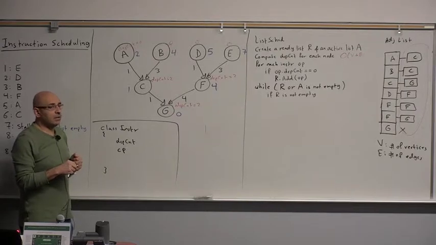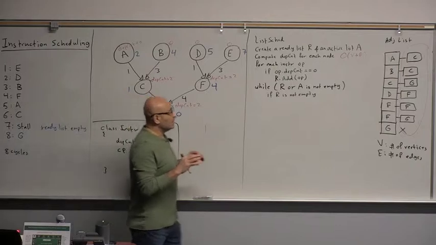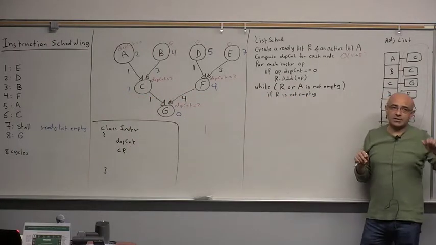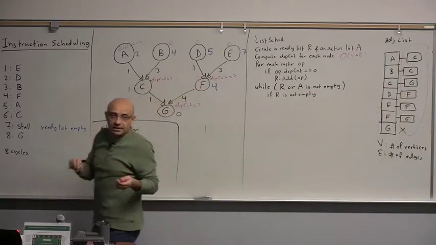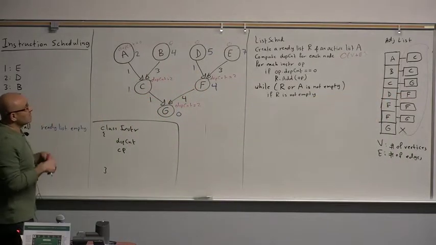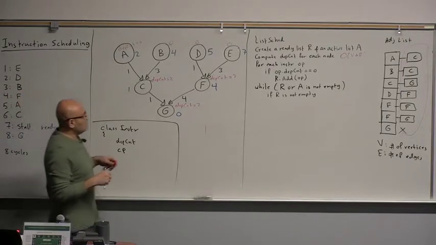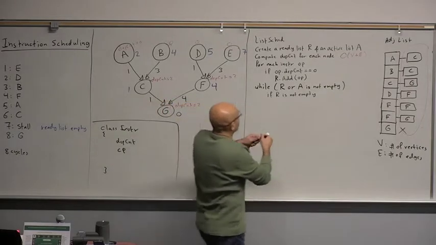Yeah, priority queue, exactly. Conceptually, this is clearly a priority queue, because you have these ready nodes, and each one has a number that indicates their priority. This is exactly what a priority queue was designed for. So we will assume that R is a priority queue.